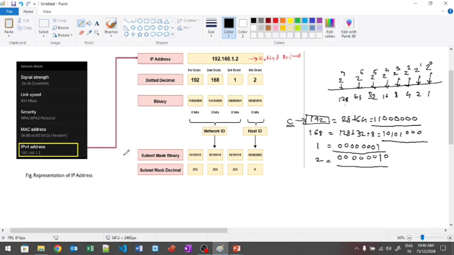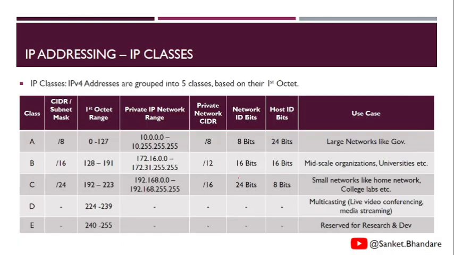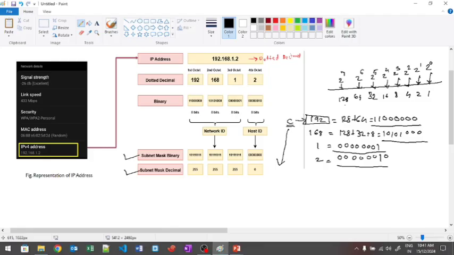And you can see here the subnet mask and subnet mask in decimal. Here you can see CIDR, the private network CIDR. CIDR is an alias name for the subnet mask. The subnet mask for a class C network address is 24.